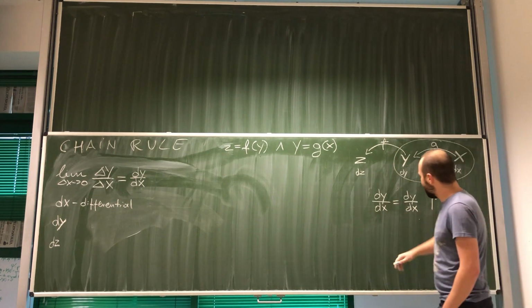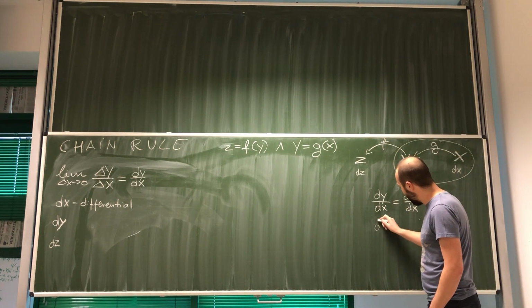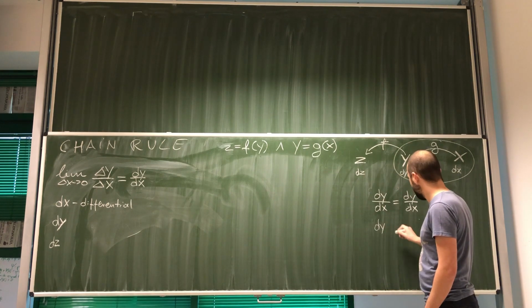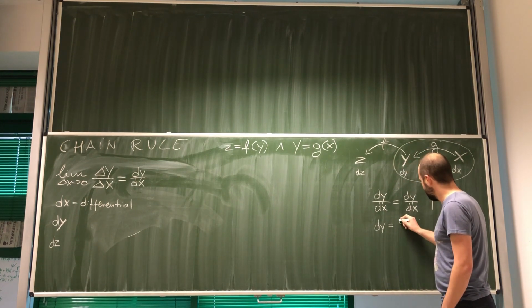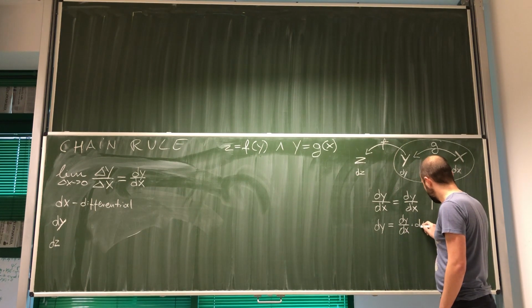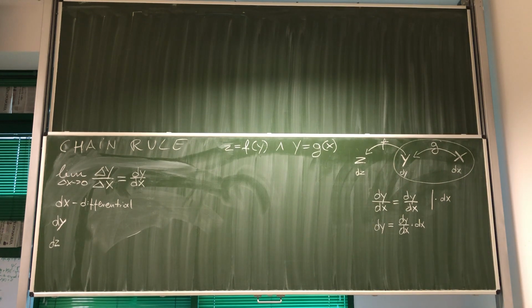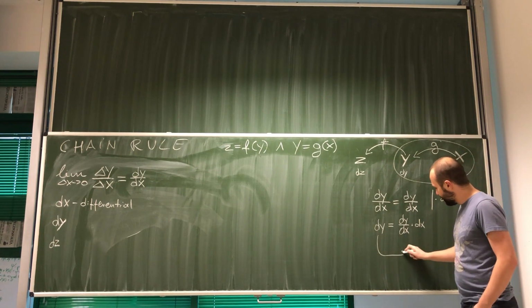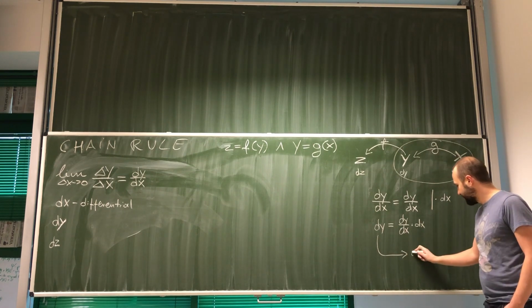Okay, so what is happening over here? We are getting dy here and the expression dy over dx times dx. And look, this expression that you see over here is a differential as well.